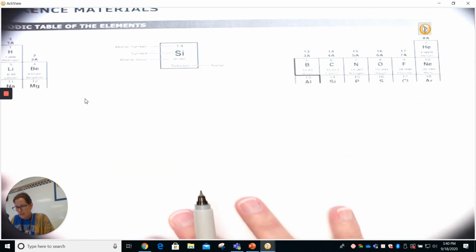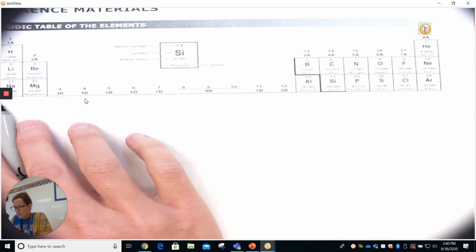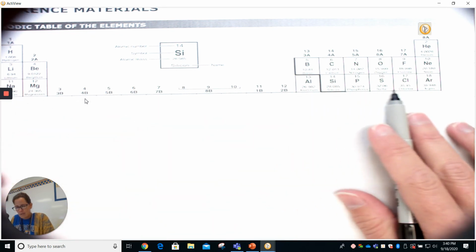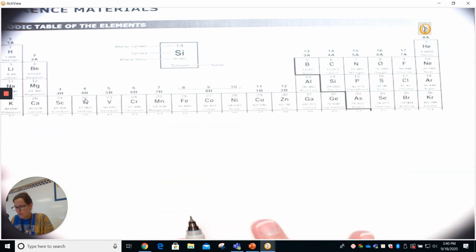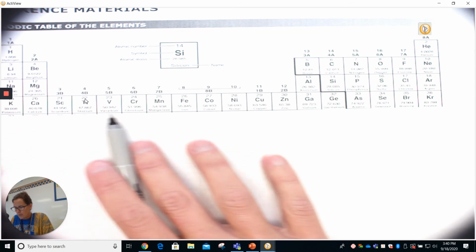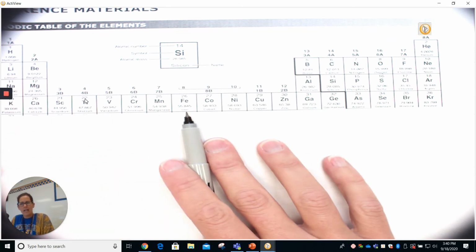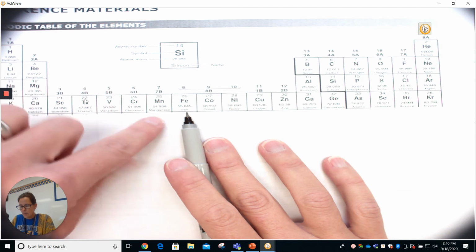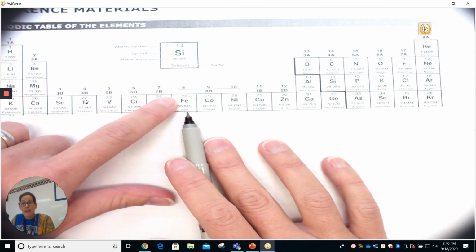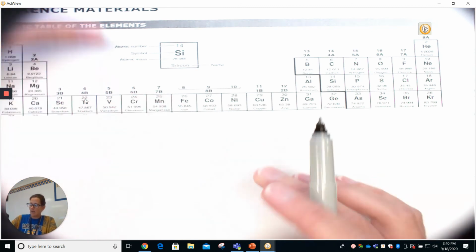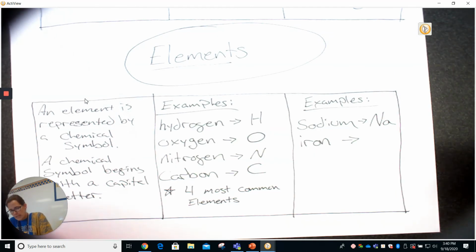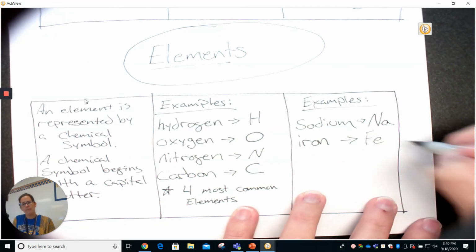Nope, I don't see it there. We're just going to keep looking. There's sodium and magnesium, sulfur. All right, we're going to keep on going. Oh, look, there it is. There's iron right there. Iron is represented by the chemical symbol Fe. So we've got a capital F and a lowercase e.